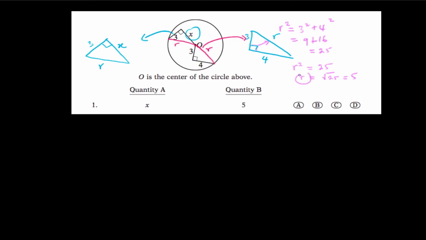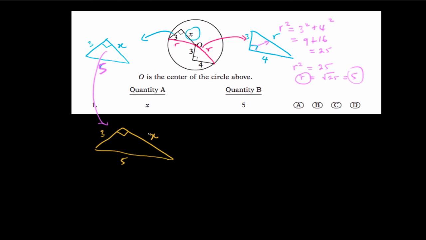I'm going to use my information of R here to find X here. I've already obtained R to be 5, so I'm going to replace the R here with 5. My aim again is to find X. Let me bring this triangle out here so we have a better picture of what's going on. It's the same triangle. This is X, this is 3, and this is now 5.